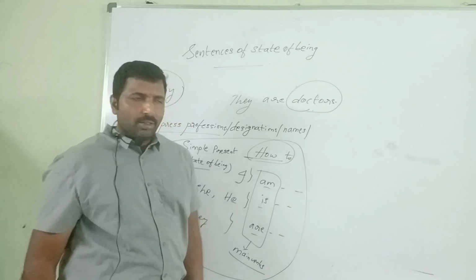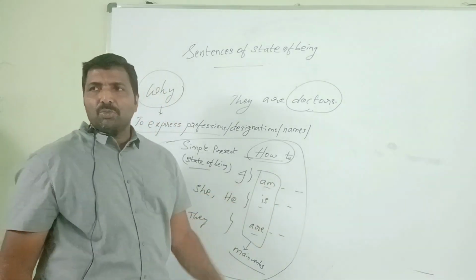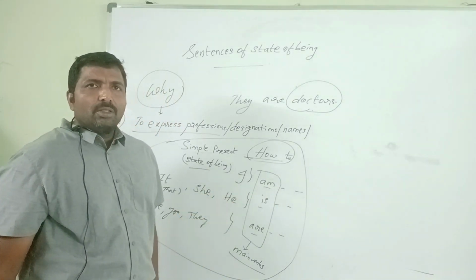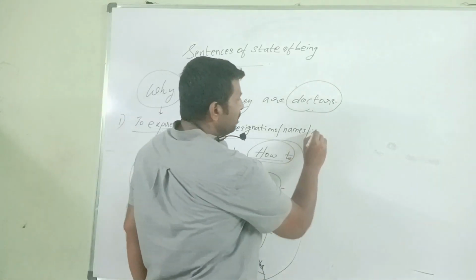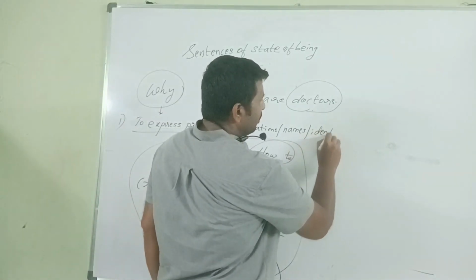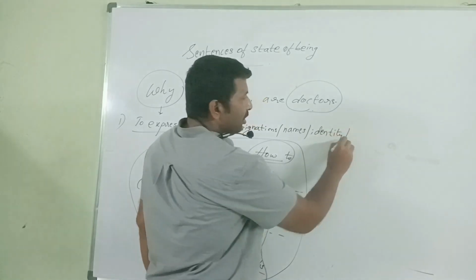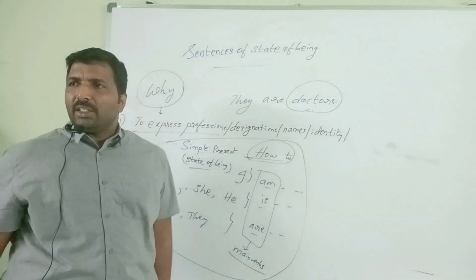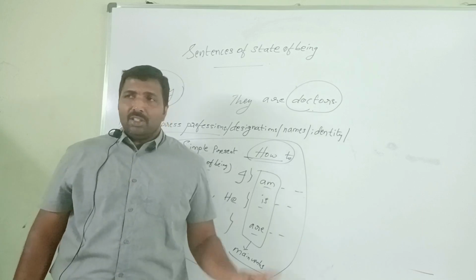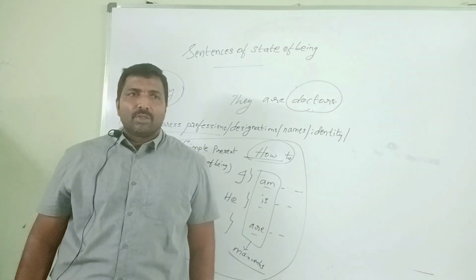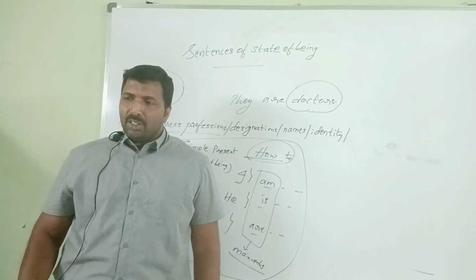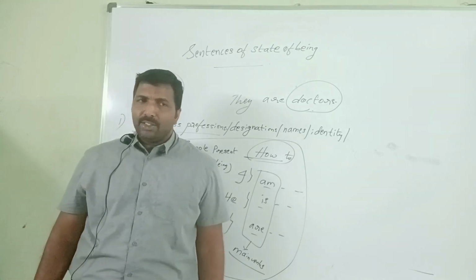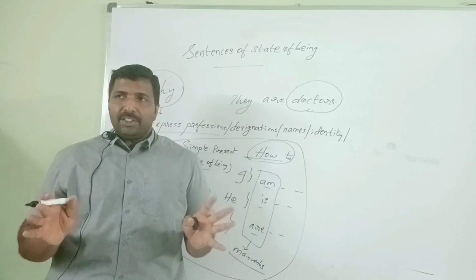He is Mohan. His name. Names, sometimes identity. This is an institution for English language. That is a school. Anantapur is a town. Bengaluru is a city. Hyderabad is a city. Identity.